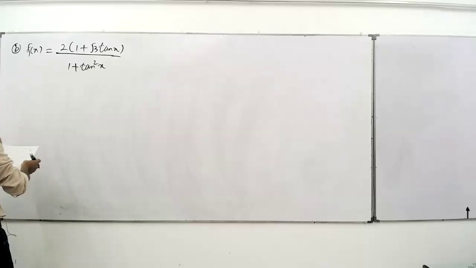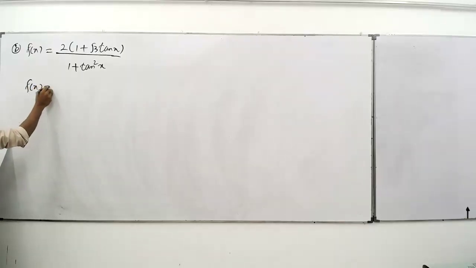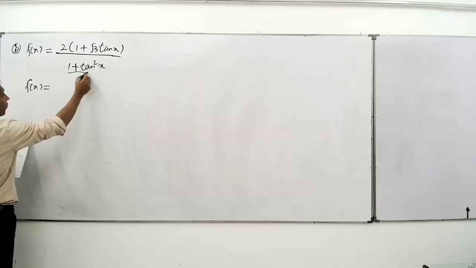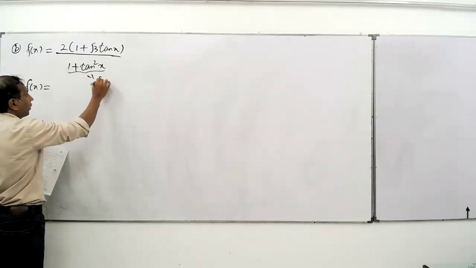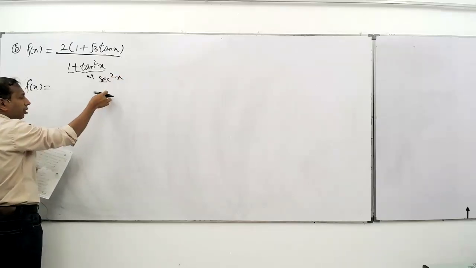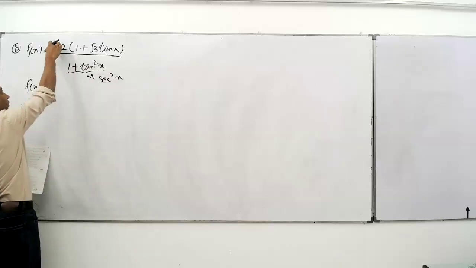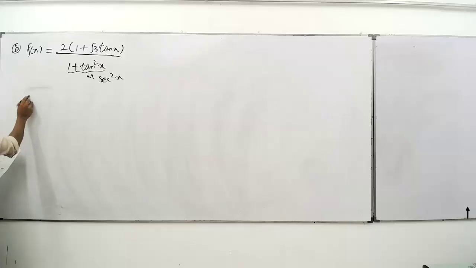Now I can write here, 1 plus tan squared x is what? 1 plus tan squared x is sec squared x. Sec squared x means 1 over cos squared x. Put that here, here we get for f(x).